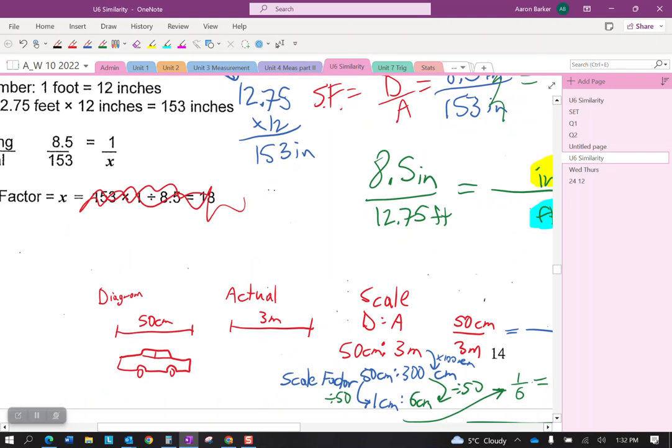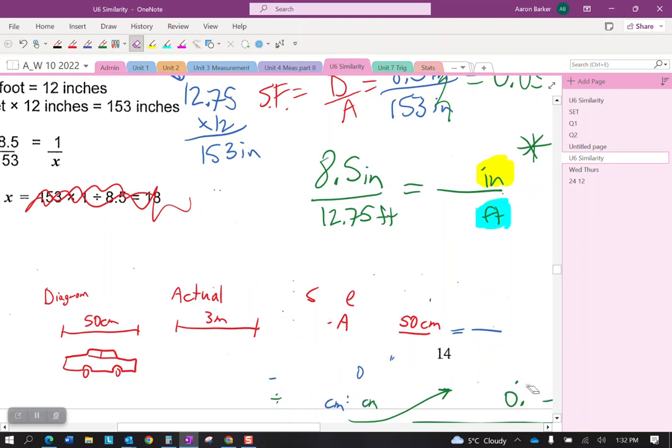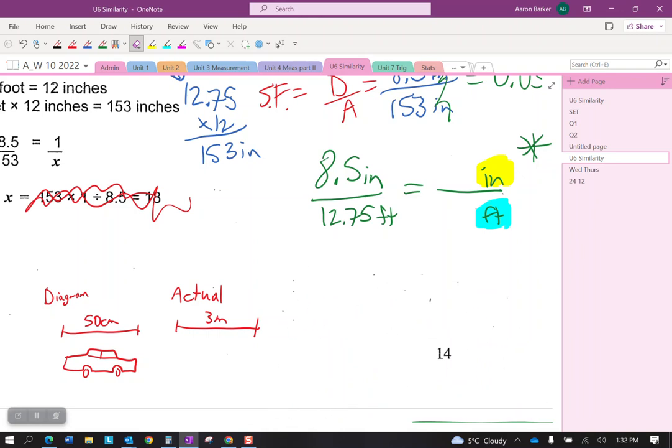Oh, we did a little example here. Let's do one more example. We have 50 centimeters and 3 meters. Find your scale as a fraction. The difference with a scale is the units can be different.